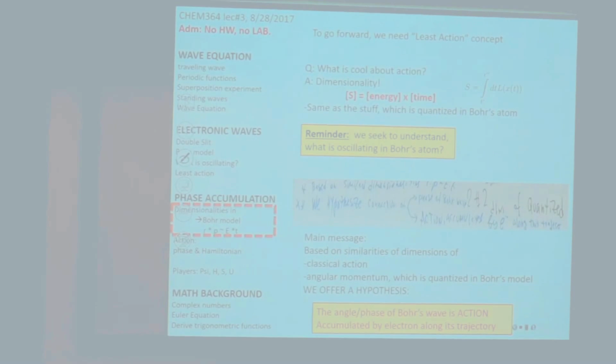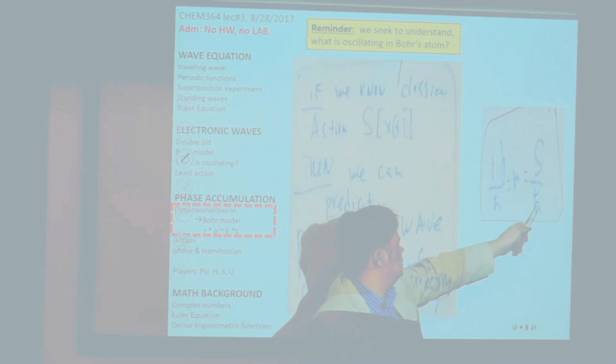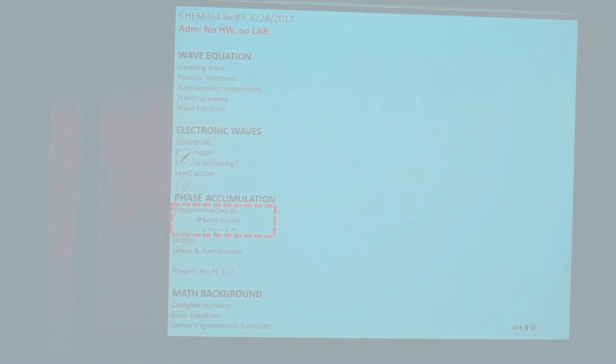So, when we were thinking, yeah, it's just action divided by Planck constant is something that should be integer.